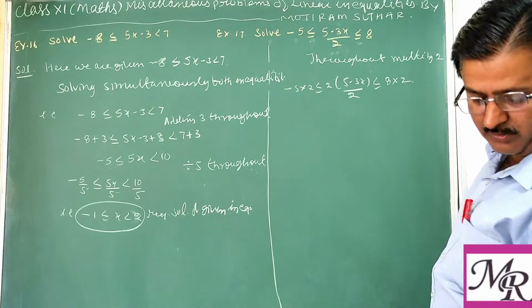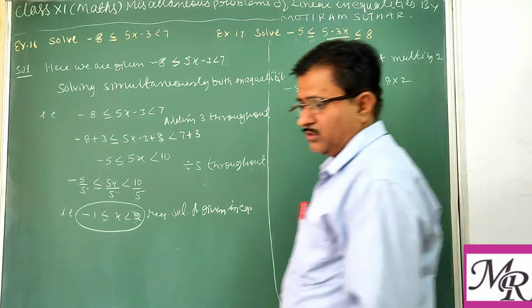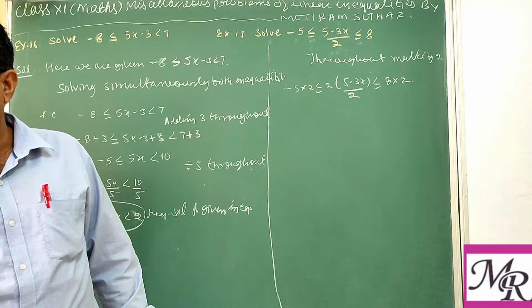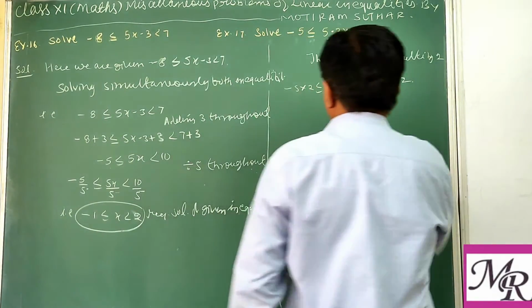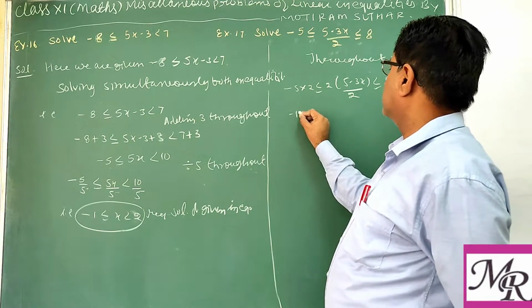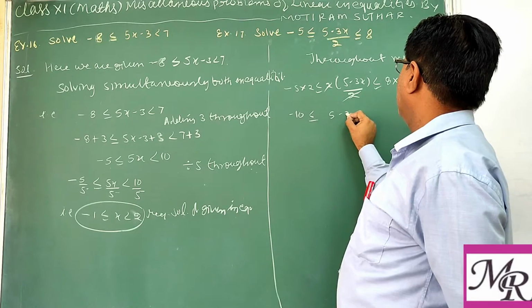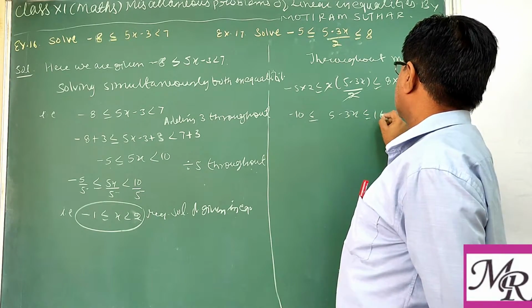When multiplying throughout by 2, the denominator of the middle term is removed. So -10 less than or equal to 5 minus 3x less than or equal to 16.